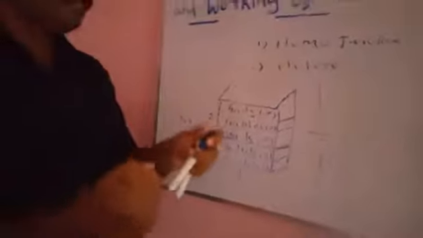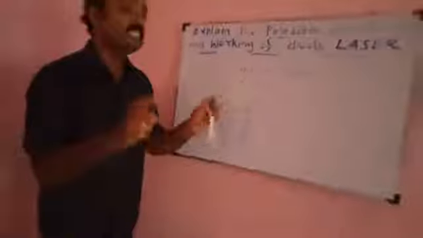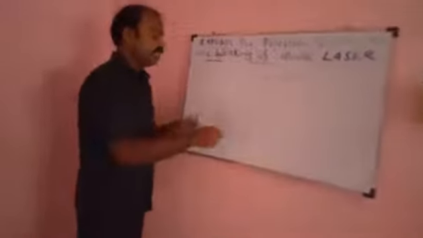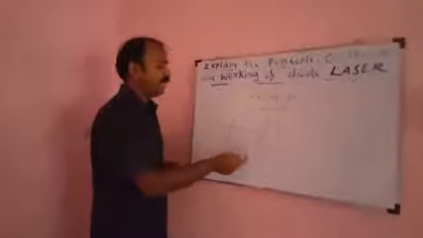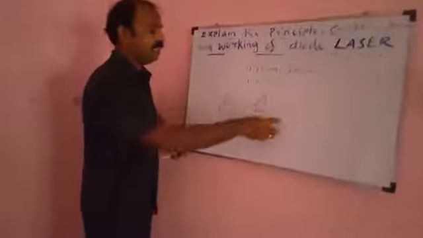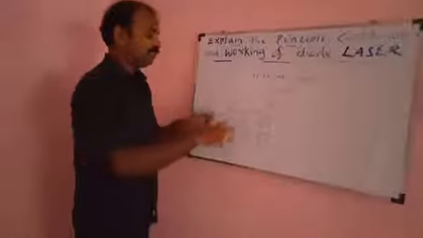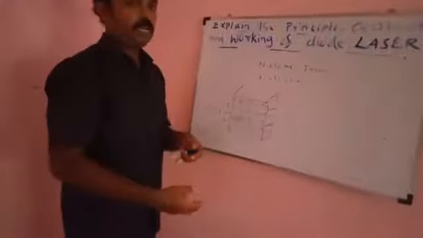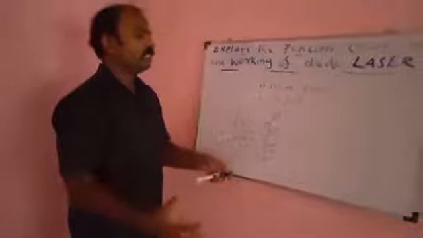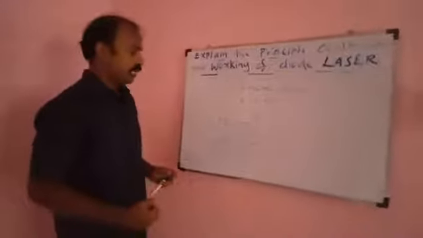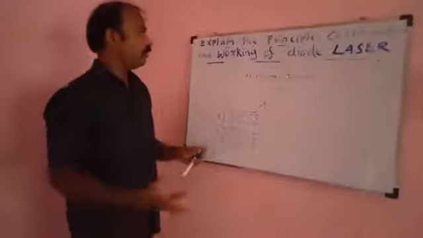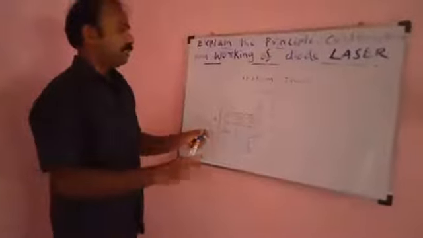Due to that, accumulation of charge takes place in the third region due to the injection of charge from the second and fourth layers with the help of this forward bias. As a result, recombination takes place. As a result of recombination, laser light will be produced. So it is a very easy question.